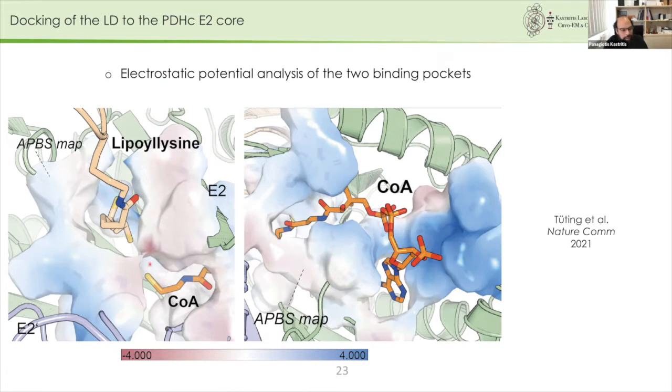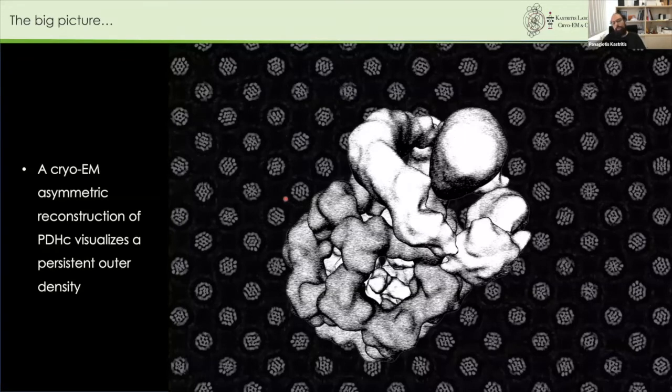nicely these two molecules come together for the reaction to be performed, as well as how the coenzyme A can fit in its binding pocket, which is positively charged. So we go back to the complex, how it looks.